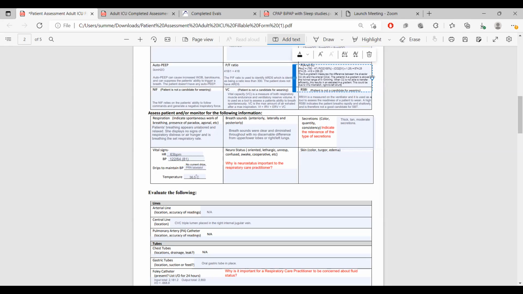Okay, but her issue could still be a VQ mismatch or a right to left shunt. Yes. Okay. Now, she was not a candidate for NIF. NIF relies on the patient's ability to follow commands and generate a negative inspiratory force.